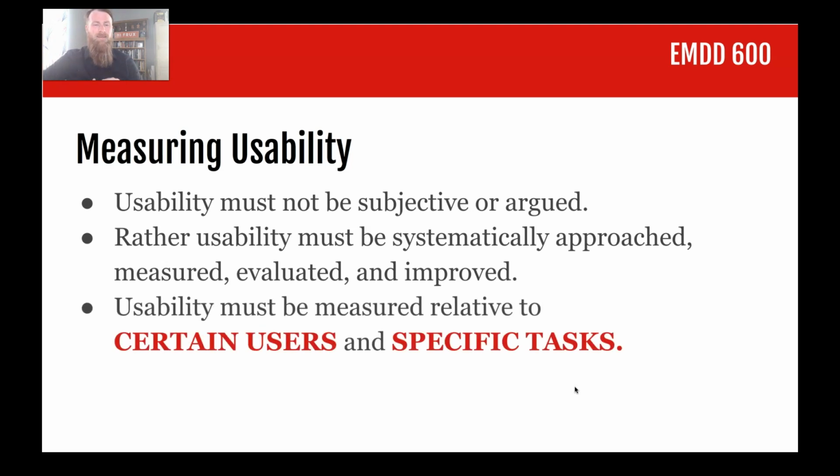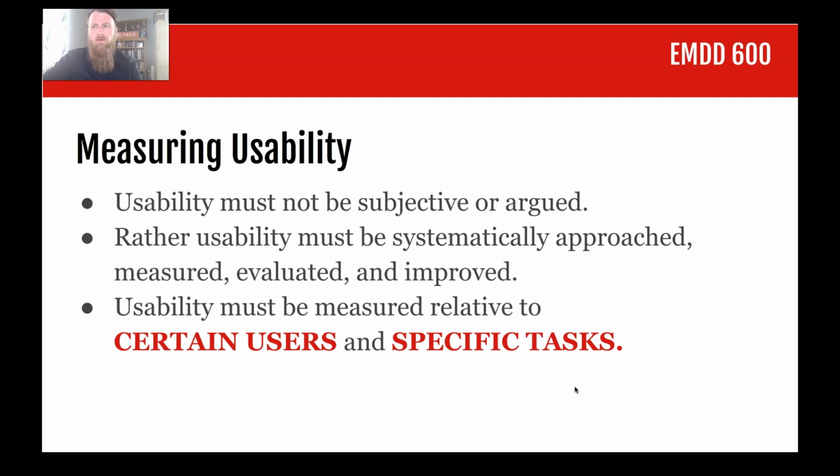To test these things and to measure the usability of a system, it must be measured relative to certain users and specific tasks. So as opposed to a generalized questionnaire that you might give someone that you're testing a system with, we're going to test with certain users and specific tasks so that we can understand those specific types of users and issues that they may run into.